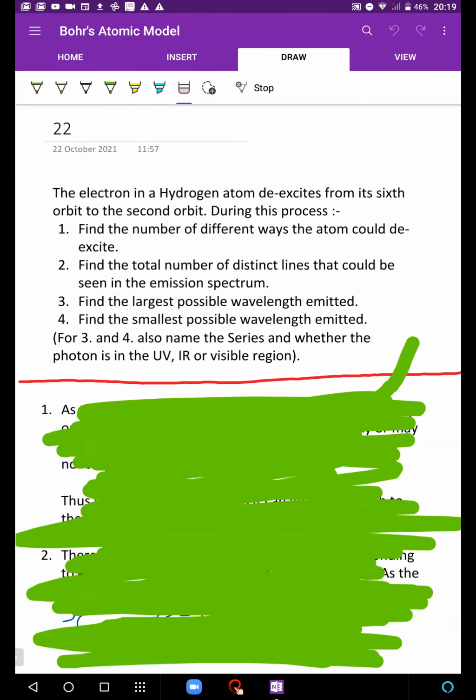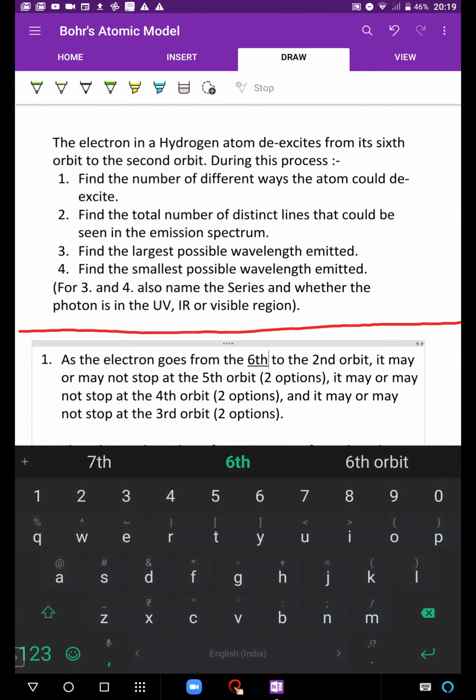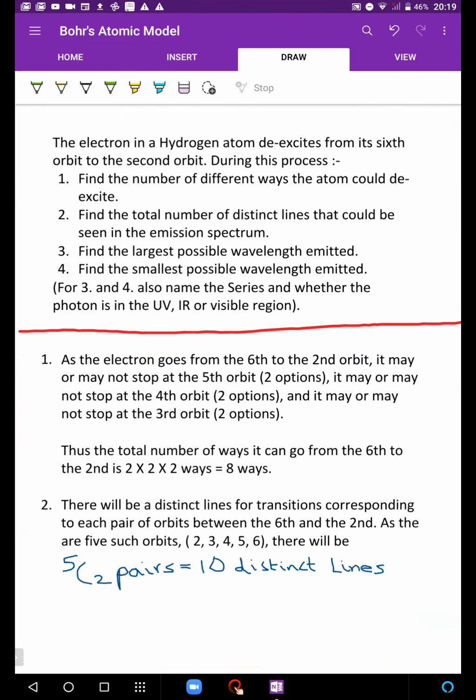अब इस question में क्या हो रहा है? For the first part, when they say number of different ways the atom could de-excite, the point is, as the electron goes from the 6th orbit to the 2nd orbit, it's going to pass by orbits 5, 4 and 3.